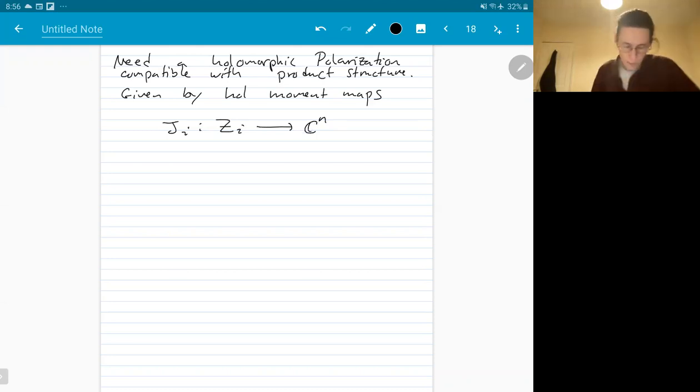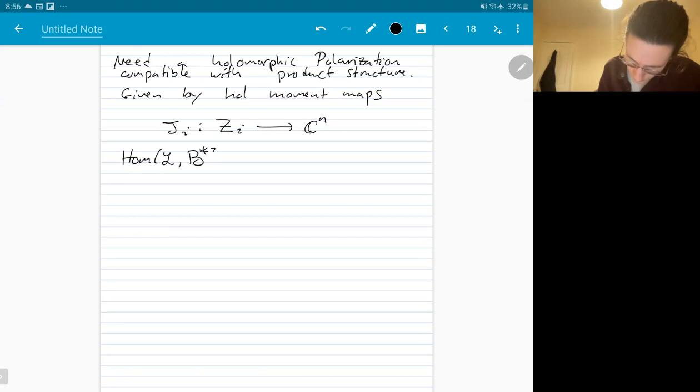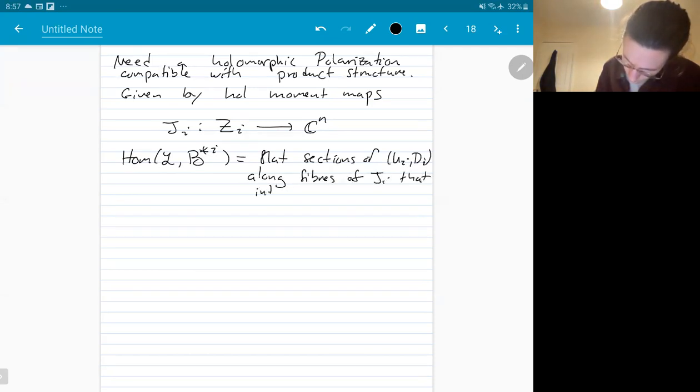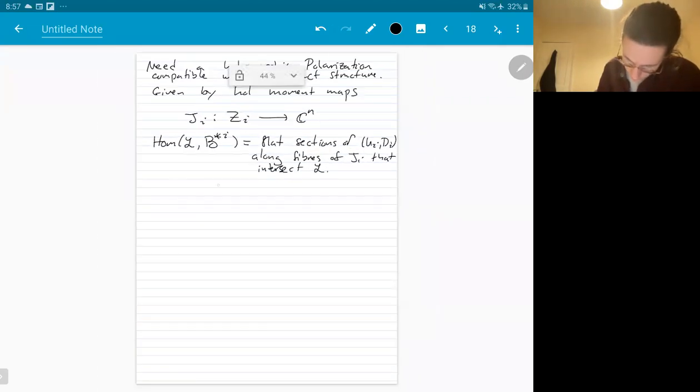Remember the spaces of homomorphisms from L to B_i were supposed to be the flat sections of the line bundle along fibers of J_i that intersect L. So let me give a picture of what's going on down here.